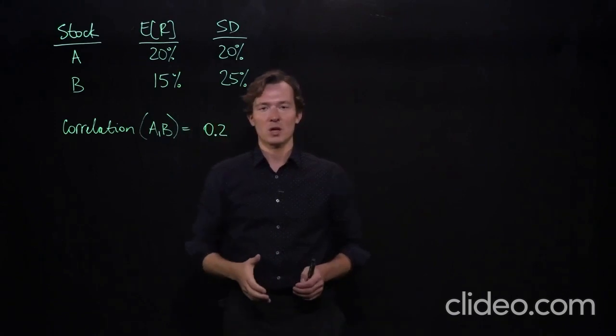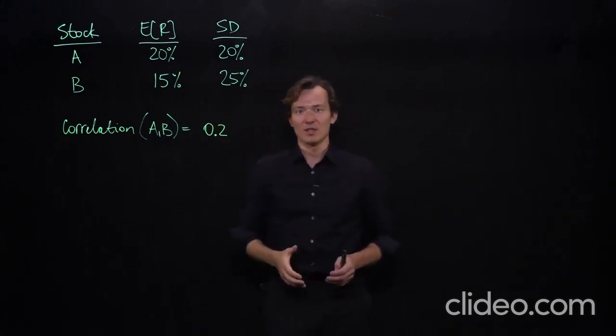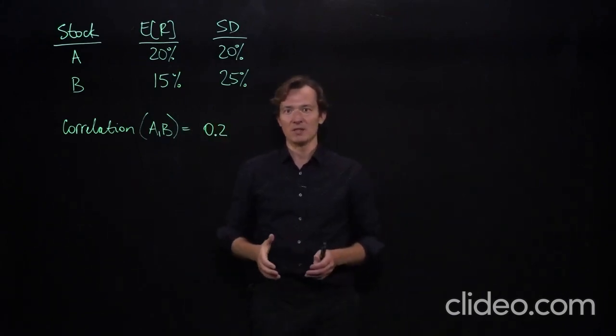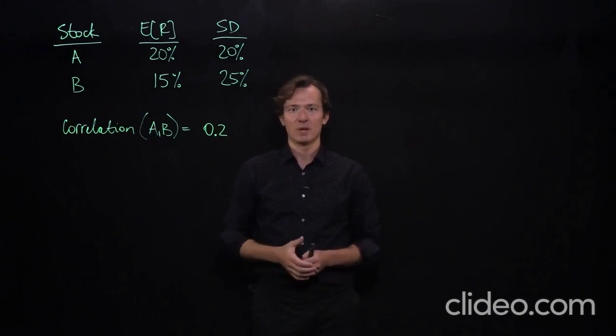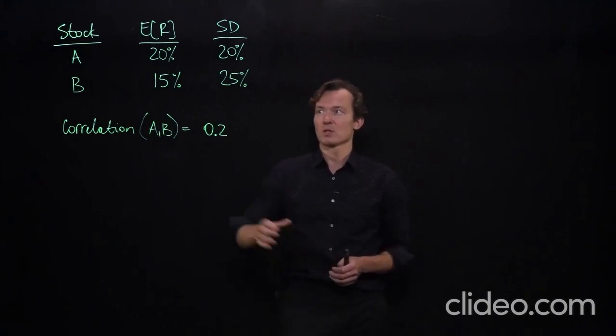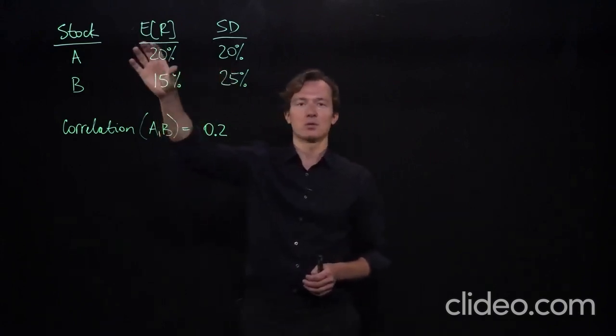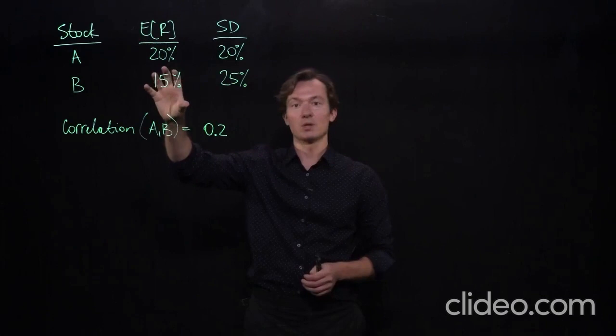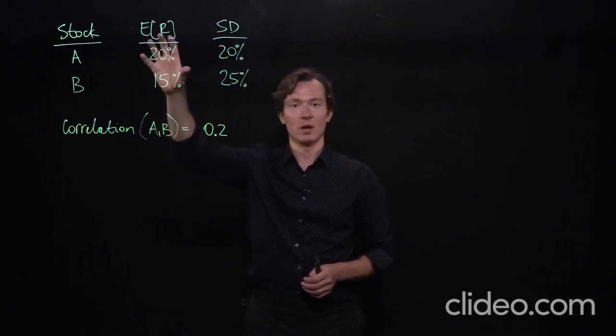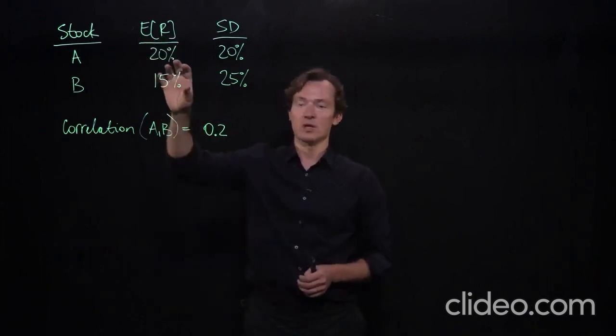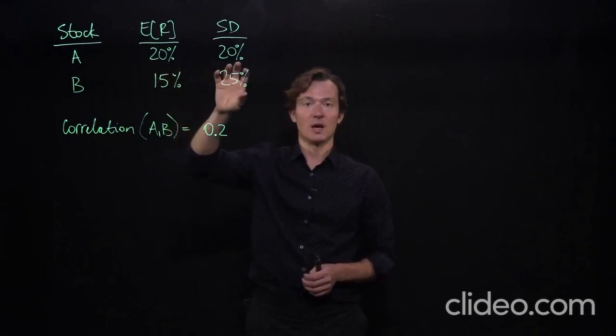The first question asks whether any investor would ever invest in stock B. This is a reasonable question to ask, because if you compare the properties of stock B to stock A, stock B looks on its own inferior to stock A. It has a lower expected return and a higher standard deviation.